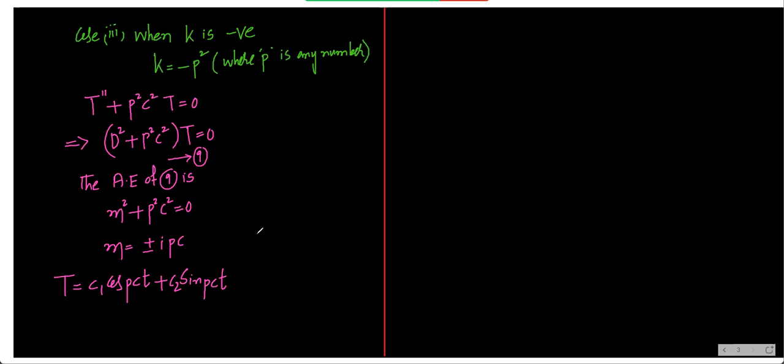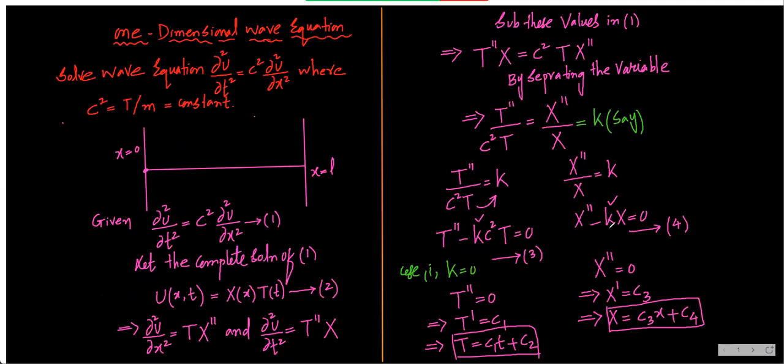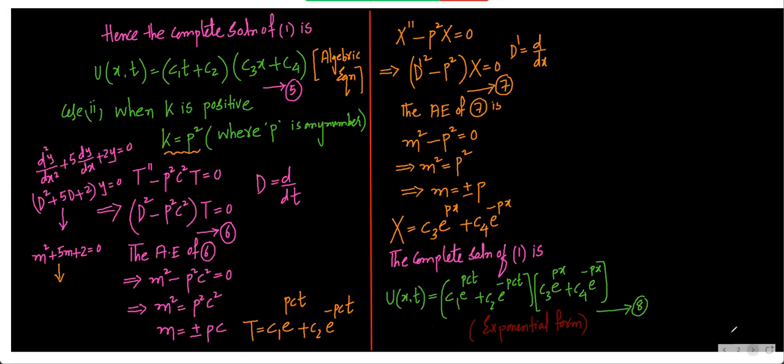Another solution, for another solution we have to take again k is equal to minus p square, and again substitute in this equation. If you put here minus, minus into minus becomes plus, X double dash plus p square capital X is equal to 0, right?